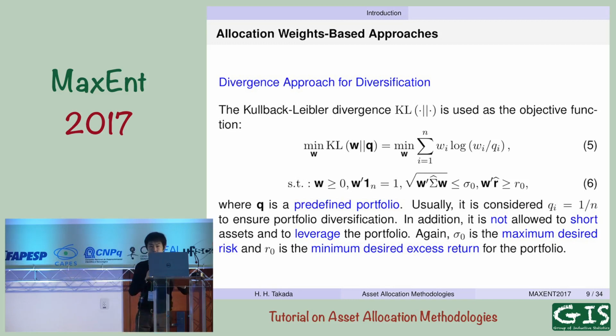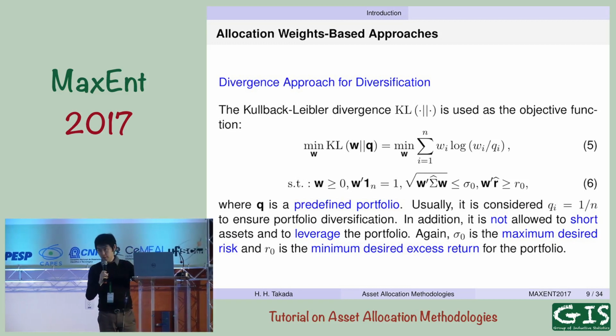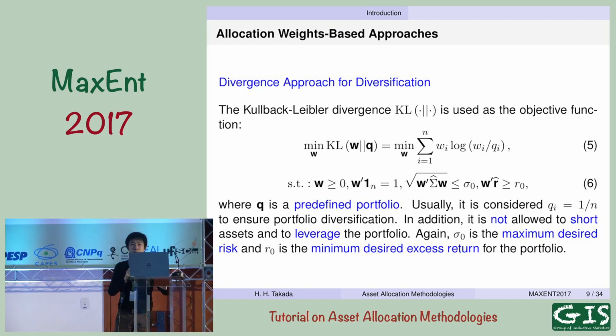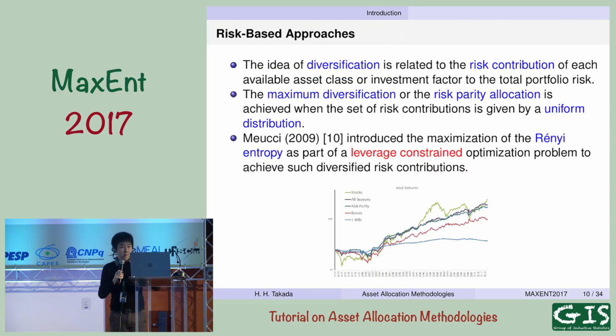So if you have an allocation Q, and Q here is not a quantity vector, Q is relative weights, and W is the variable you would like to obtain. So you have some prior information. You don't want to be very far from the Q allocation, okay? And you can set the restrictions you want and solve the optimization problem there.